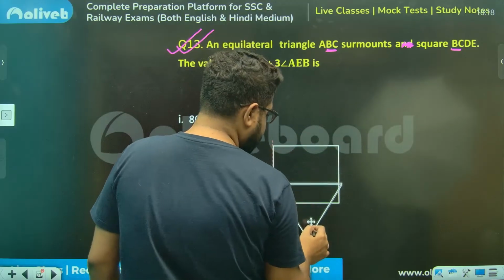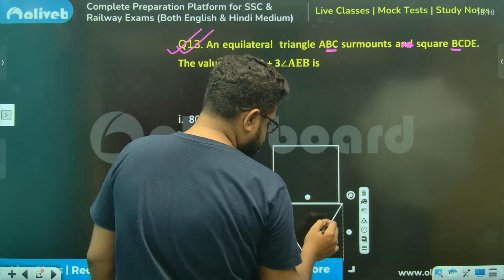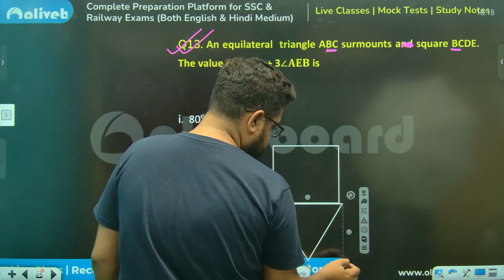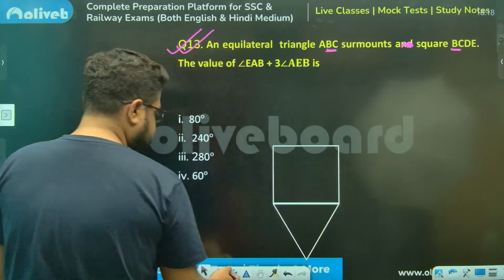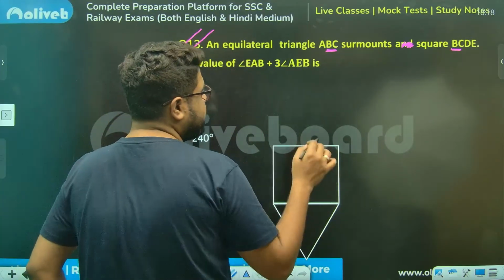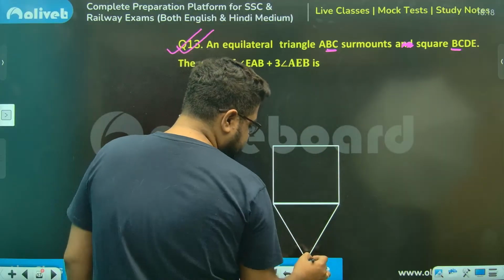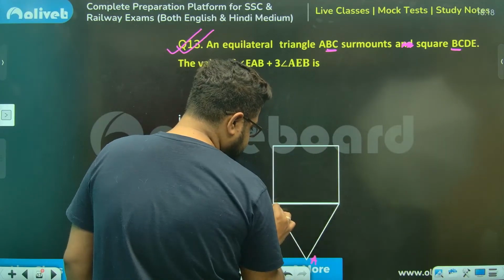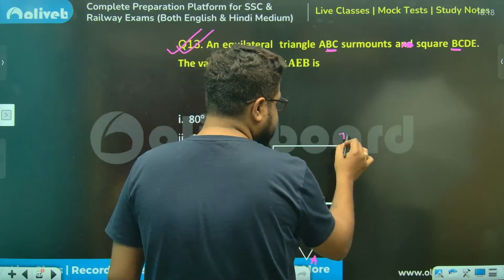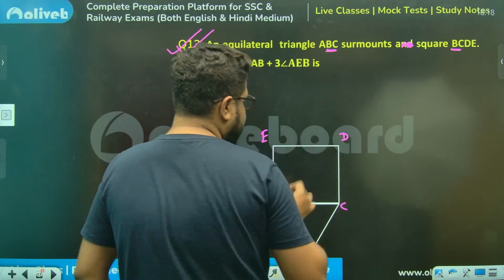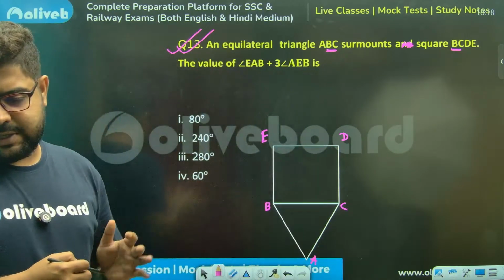Let's do one thing, let's turn it this way. Okay, this way it's better. So this is A, this is B, this is C, and BC, this is D, this is E. This is how the diagram looks.